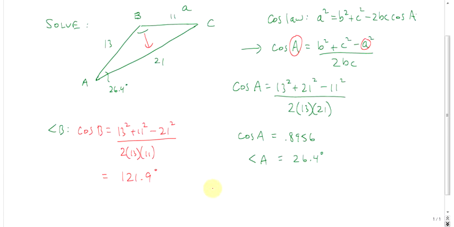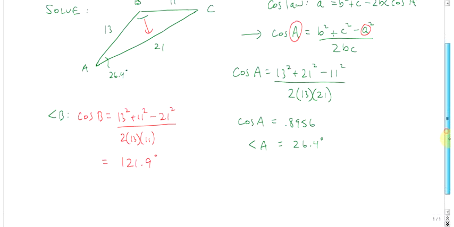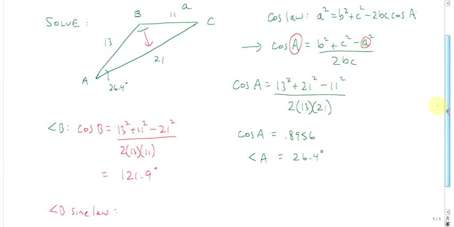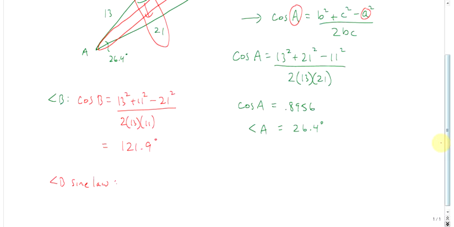What happens if we try to solve for angle B using sine law? Okay, what do I want to do? I want to use this ratio. I've got a side and angle opposite it, and I have the side opposite B, so I can use sine law to solve for that.